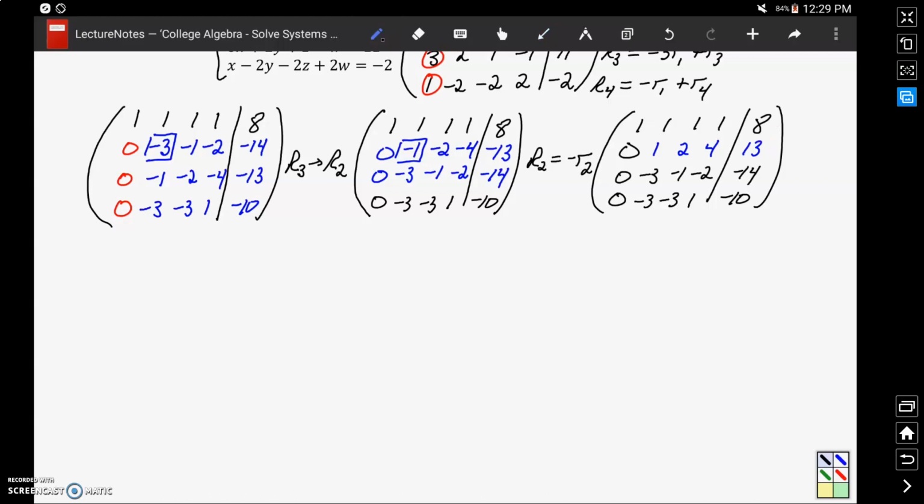Now what we'll look at doing is zeroing out the values below that 1 we created. In order to do that, we'll look at updating row 3 by taking 3 times row 2 plus our values in row 3. And we'll update row 4 by taking 3 times row 2 plus our values in row 4.